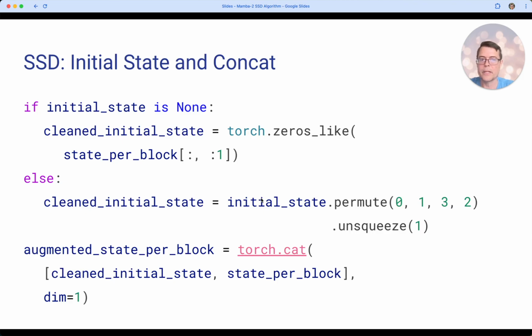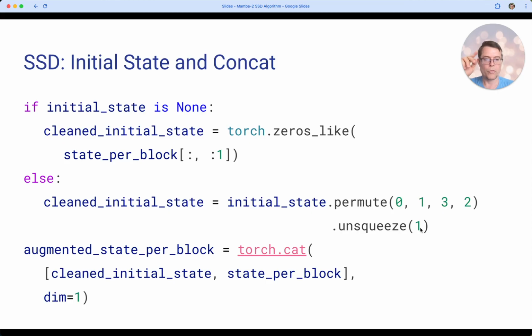If we do have state, the state's coming in the wrong shape. So we're reordering the initial state. We do this permutation, and effectively what's going on is we're flipping the head dimension and the state dimension because the input doesn't match the way we're actually going to be computing inside. And then this unsqueeze inserts a 1 long dimension at the first position.